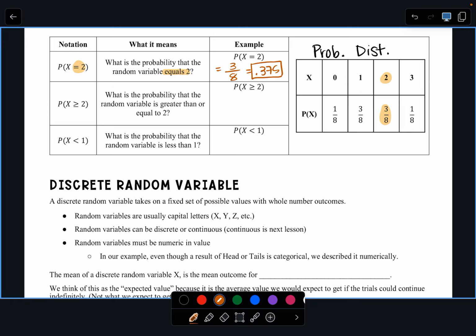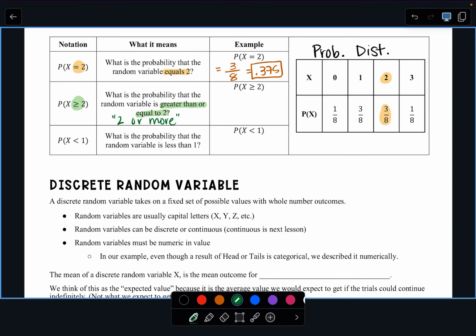Now, the next one, also not crazy hard. Greater than or equal to 2 means we want something where it's 2 or more. And that is something with these questions that a lot of people get confused on. They don't always use the exact same language, so you have to decipher what they're looking for.